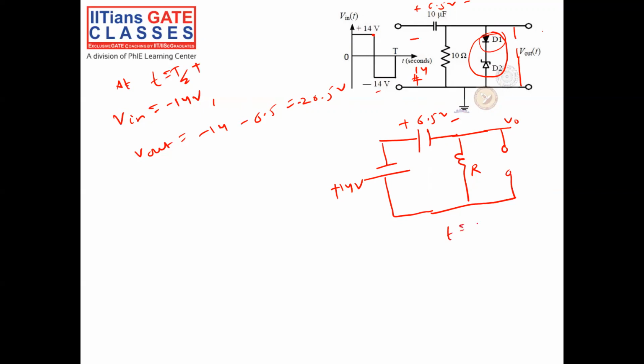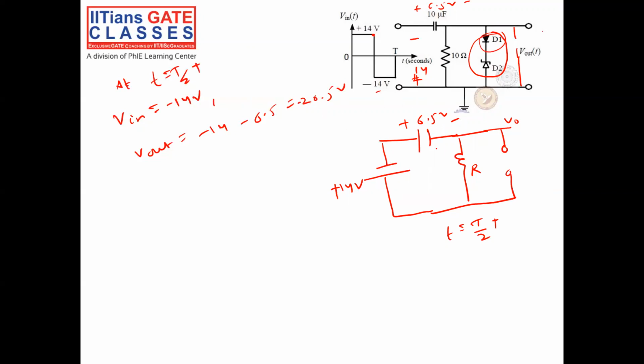This is at time t is equal to t by 2 plus. Okay, this is the circuit just at the instant of t by 2 plus. So my output at that particular instant is 6.5 plus 14, equal to minus 20.5.